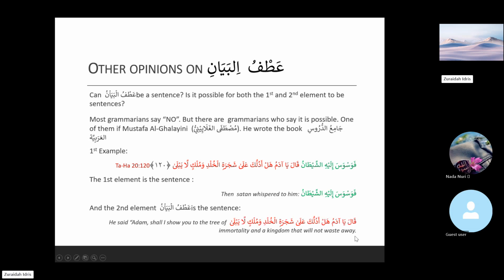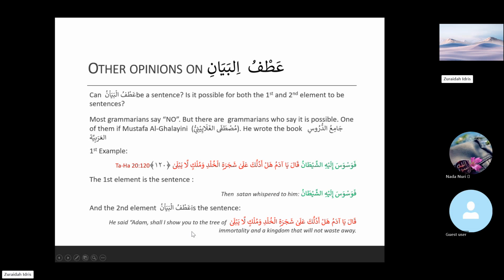So here we go. He said, Ya Adam, hal adulluka ala shajaratil khuldi wa mulkin la yabla. Adam, shall I show you to the tree of immortality, al-khuld, and a kingdom, mulk, that will not waste away, la yabla, that will last.